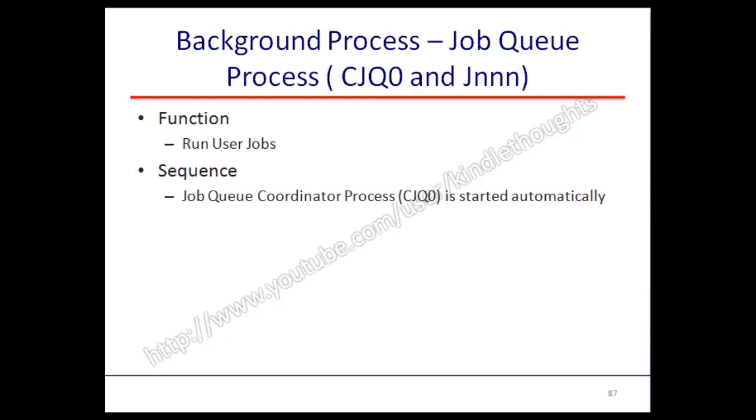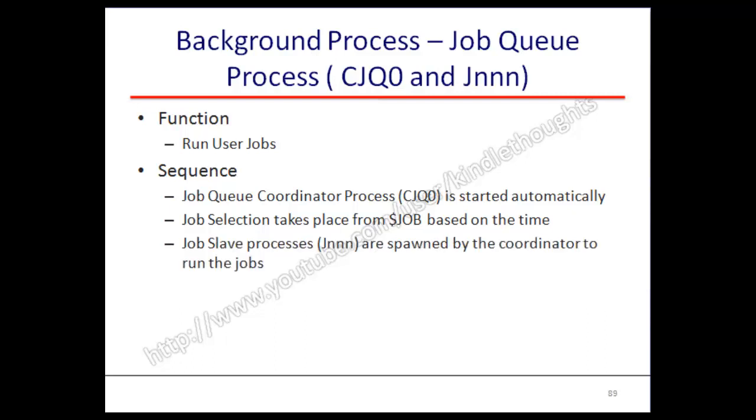There is a job queue coordinator process which is started automatically when you have a user job that's scheduled to the Oracle scheduler. This job queue process looks into the job dollar table, and it picks up the jobs based on the time. So if there's a job to be executed at a particular time, this is picked up, and it then goes ahead and spawns a job slave process.